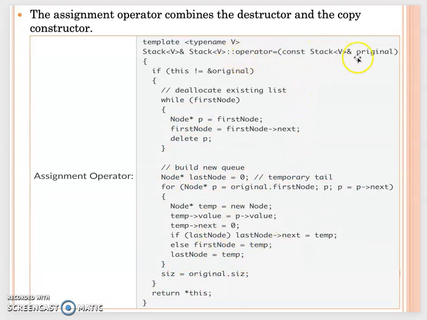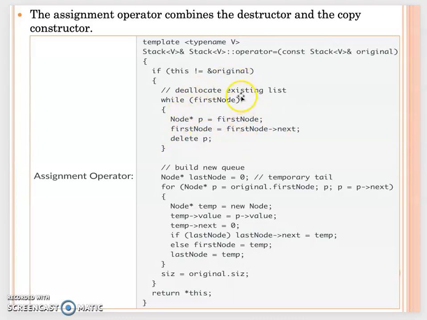But when you do the assignment operator, the first thing we need to check is whether it is a self-copy. If not, we need to deallocate the existing list. You can either call clear, or you see here is our while loop: while we have the first node, we just remove the first node and delete the nodes one by one.